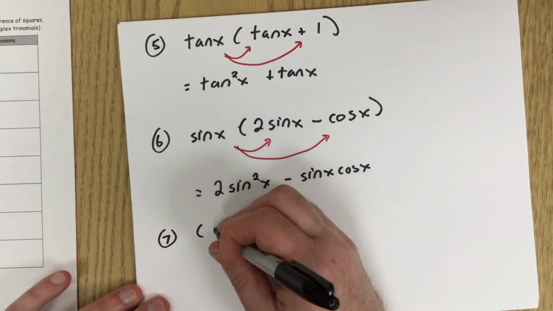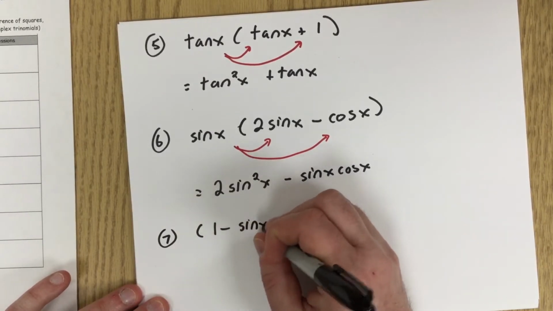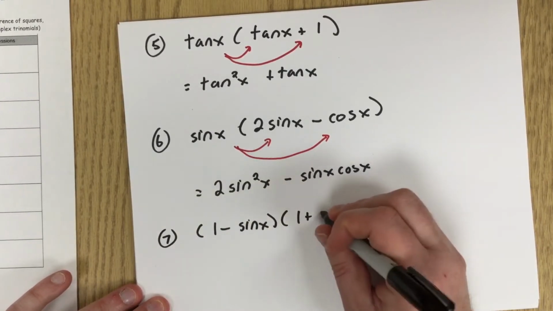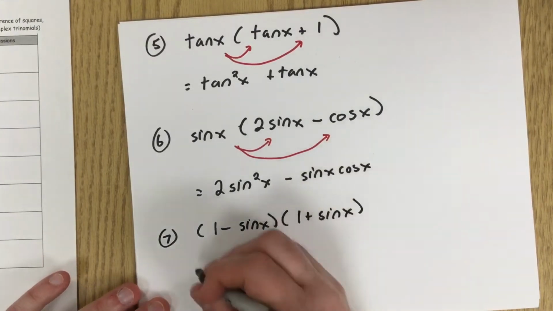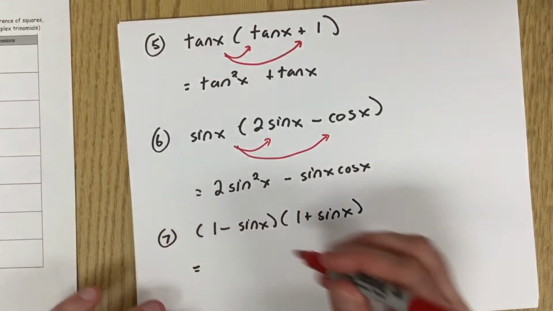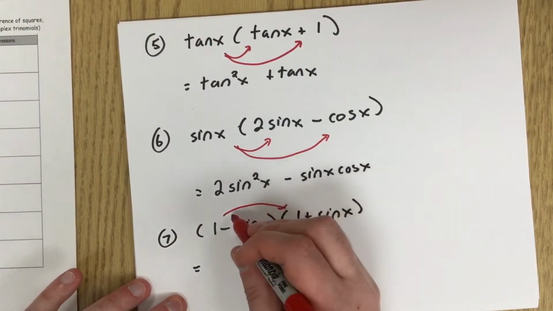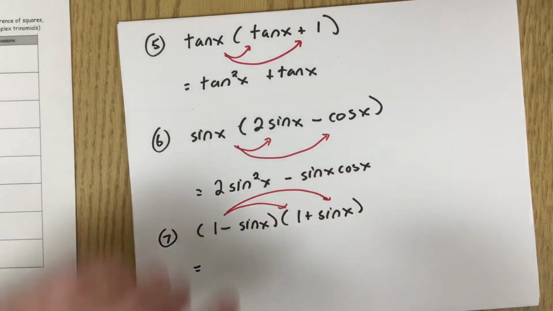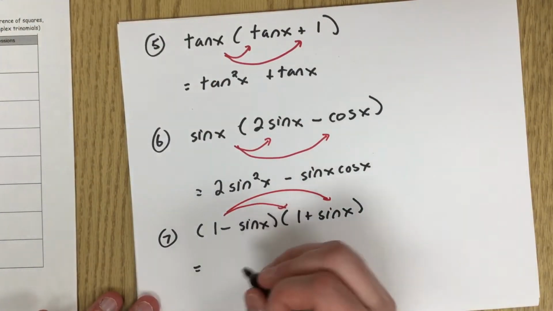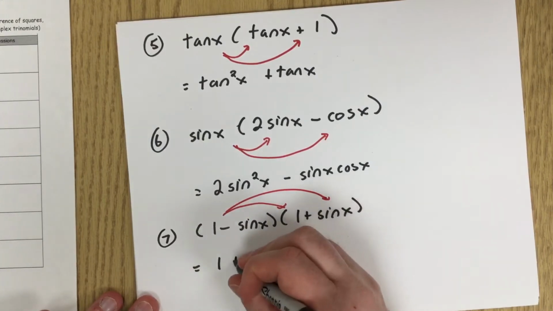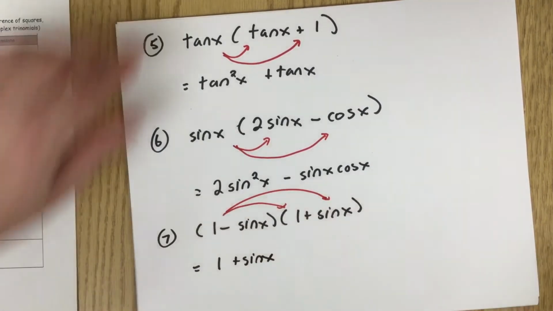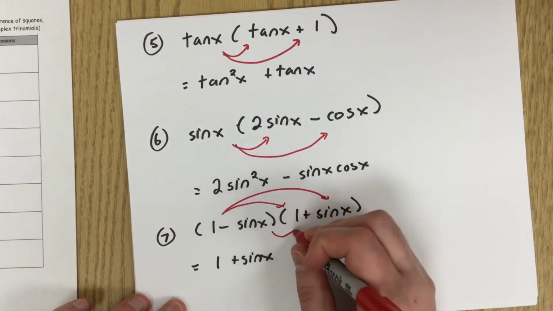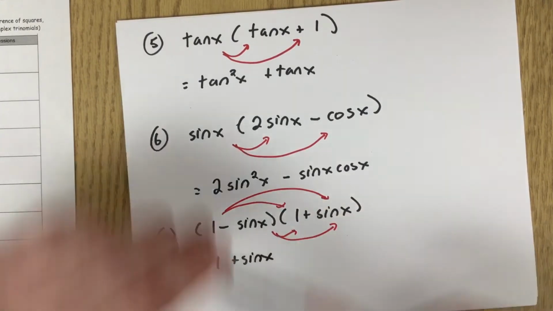We could do a full FOIL even. So 1 minus sine x times 1 plus sine x. So what we're going to do is the 1 is going to multiply by both of those. And it's going to give us 1 plus sine x. And then the negative sine x will multiply by both of those.